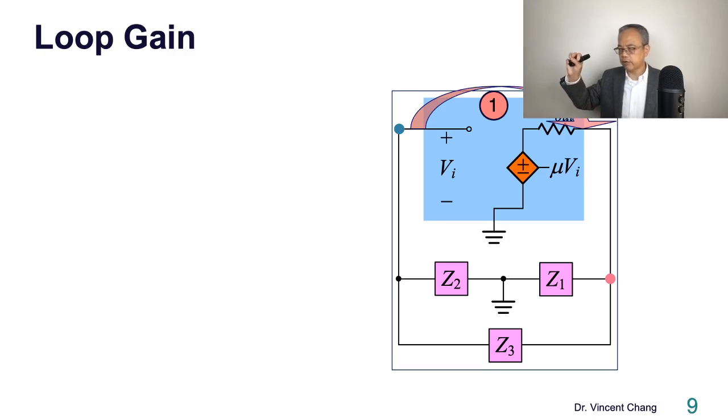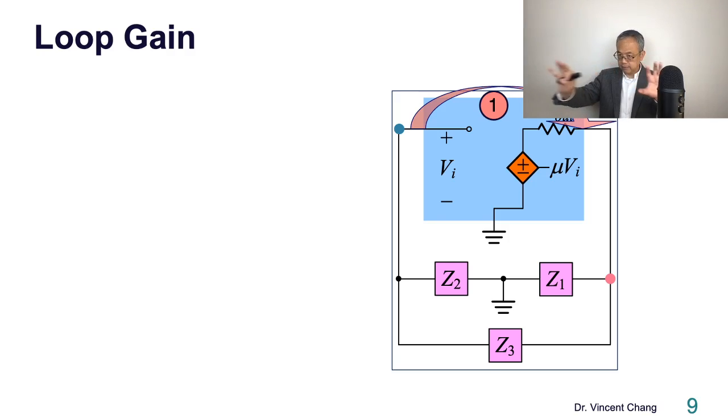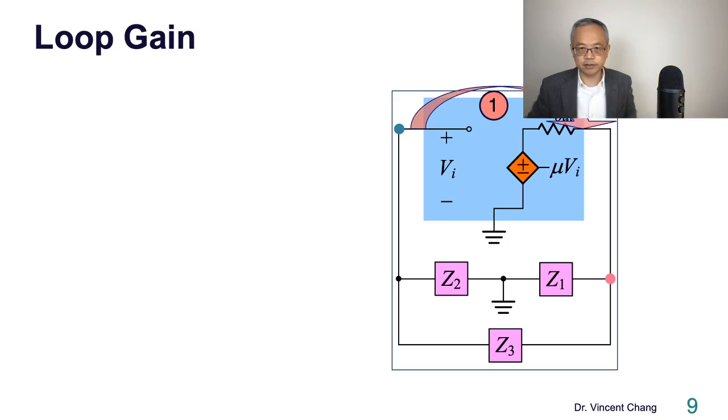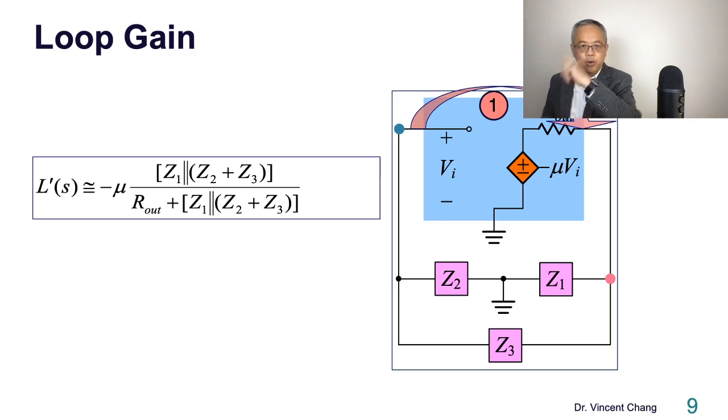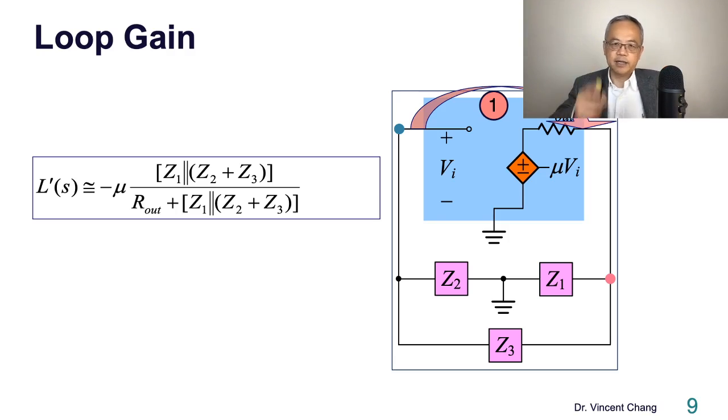What is the total impedance between pink and the ground? You see Z2 in series with Z3, and then in parallel with Z1. That's the denominator. Then put the second term of the denominator onto the numerator, which is Z2 plus Z3 in parallel with Z1, like this. This is what I'm talking about.